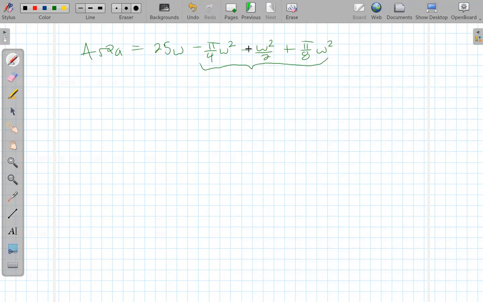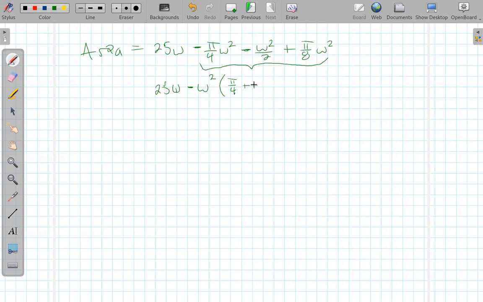So there's a W squared in each term there, so we can pull out the W squared. We got the 25W out front. And then I'm going to write it as, should we pull out a minus also? If we pull out the minus, that changes the sign of everything here. So that leaves pi over 4, right? We pulled out the minus, pulling out the minus over 2.